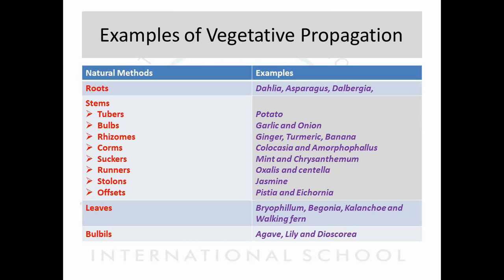In case of leaves, the examples are bryophyllum, begonia, kalanchoe and walking fern. These are examples in which the leaves act as a vegetative propagule. We already discussed bryophyllum in 10th standard.